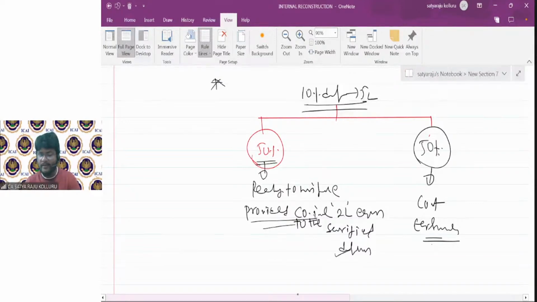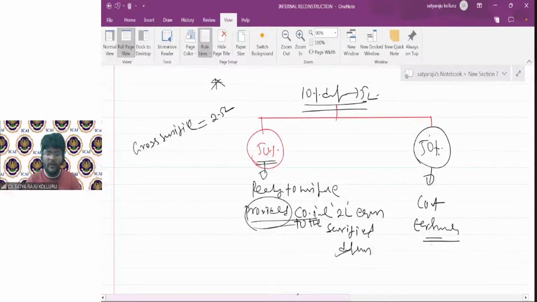Do you think the debenture holders are really ready to sacrifice 2.5 lakh? No. Sir, gross sacrifice, 5 lakh into 50% is equal to 2.5 lakh. What they are telling is, okay sir, we are ready to lose 2.5 lakh, but as a result, how much are we expecting from you?